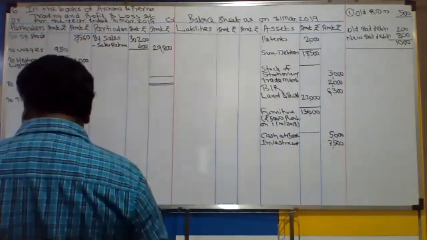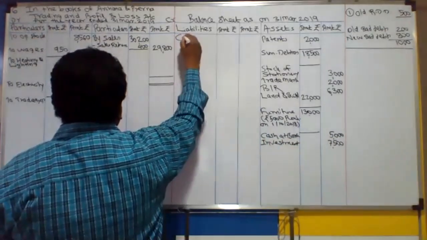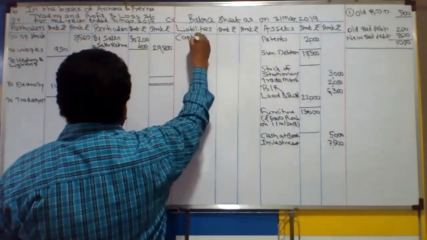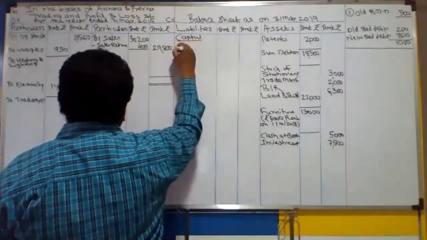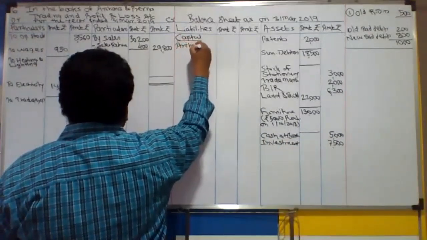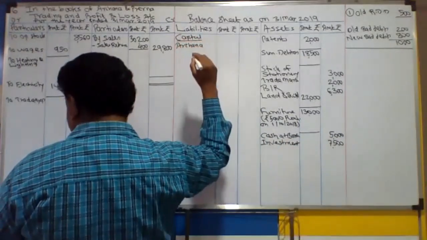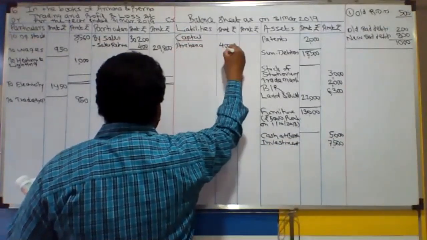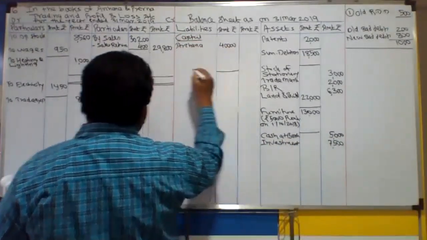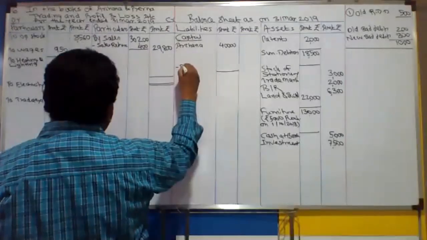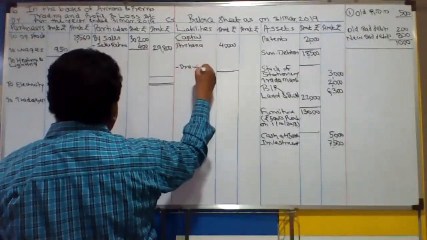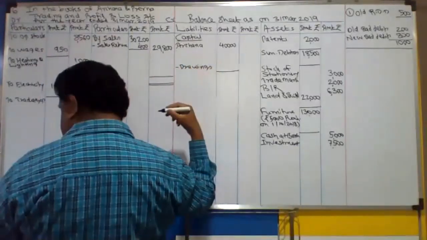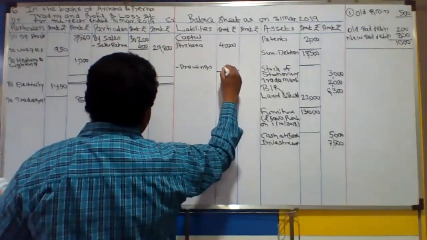Drawings, but before that you have to write the capital. Write the capital of Archana. Archana's capital is 40,000 rupees. Write in the inner column, leaving 3 lines, minus from that the drawings of Archana. So Archana's drawings are 1,200.